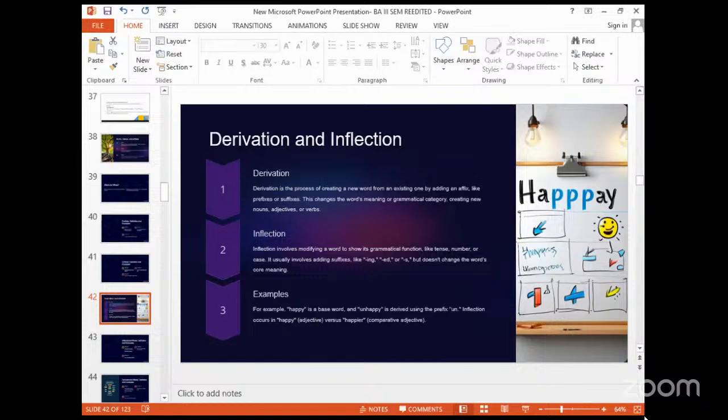For example, if I say book and books, I added this s to it. It's an inflectional affix there. Now, coming to derivation, I can take up happy. Happy is a base word, and I add un to it and make it unhappy, which is a derived word using the prefix un.